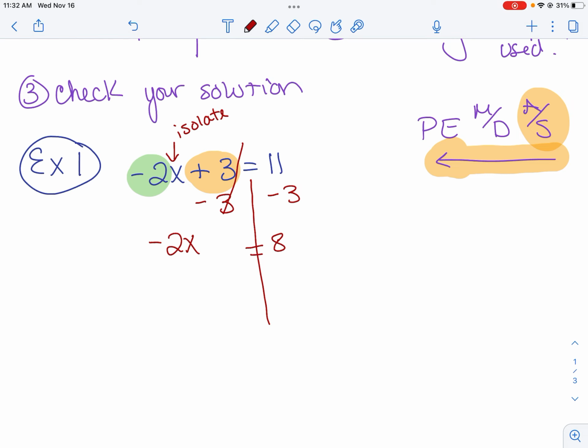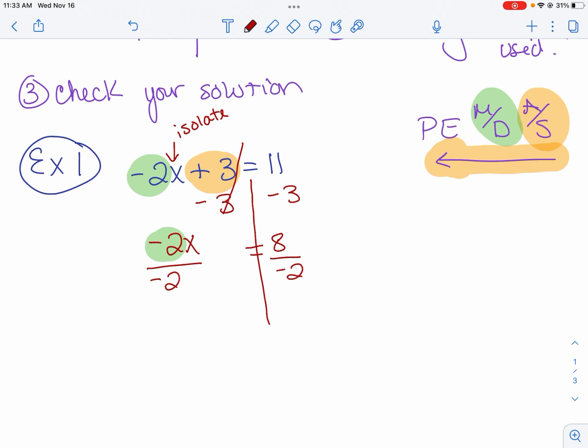So that was one step, but I'm not done solving until this variable x has been isolated. So next I have to see if there's any multiplication or division to undo, and I see that we've multiplied negative 2 by x. Well, the inverse of multiplying by negative 2 is dividing by negative 2, and whatever I do to one side, I must do to the other.